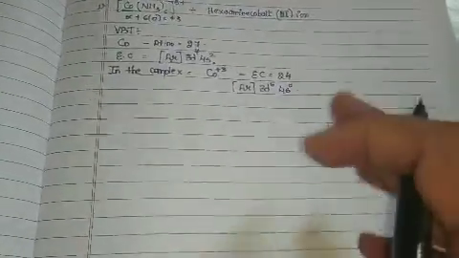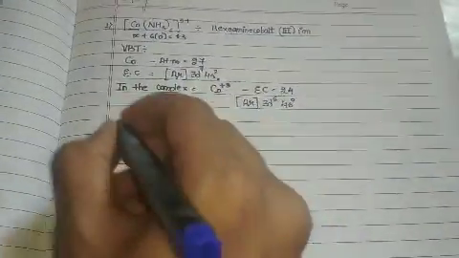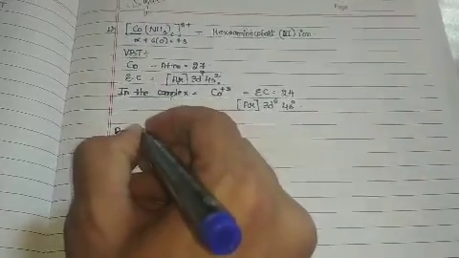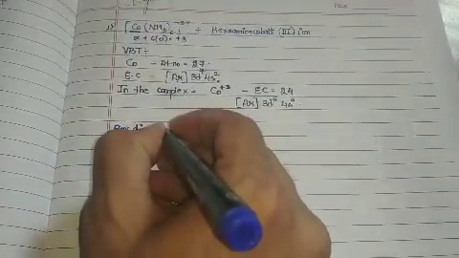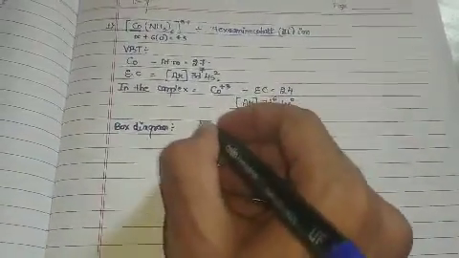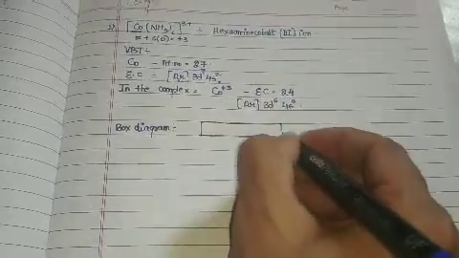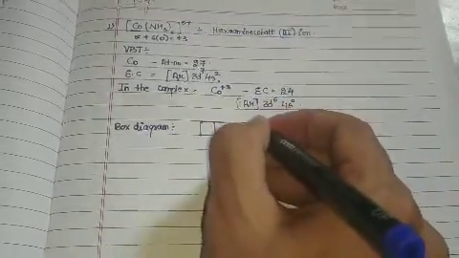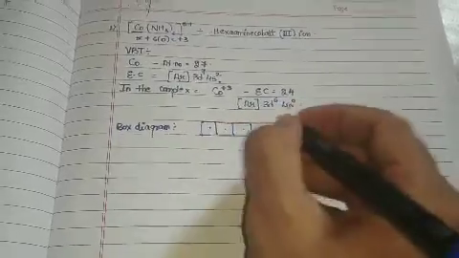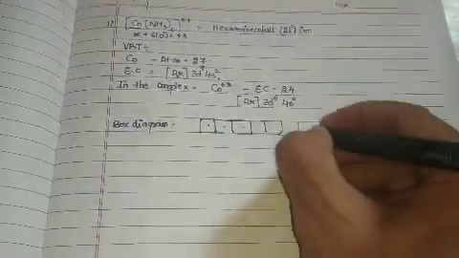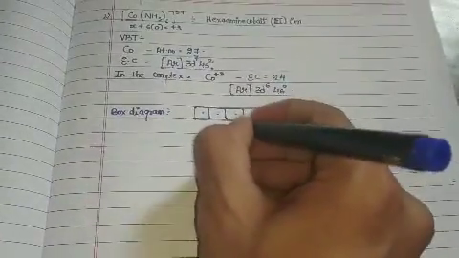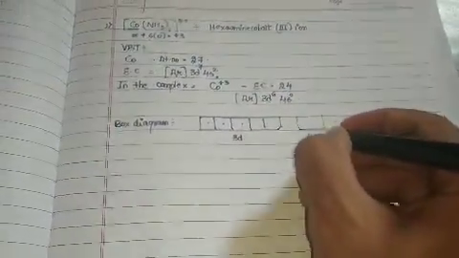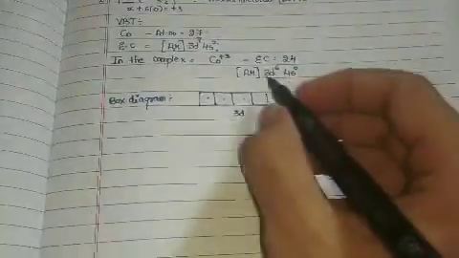Now let me write the box diagram as the representation. There are totally 5 d orbitals: 1, 2, 3, 4, 5. For my consideration, I will take my s as it is. Let this be the 3d and this the 4s.